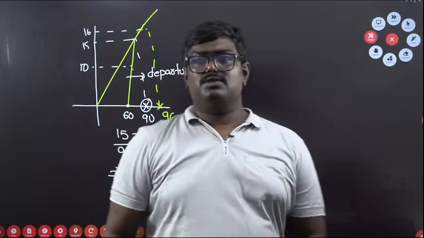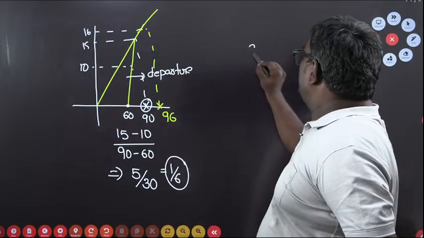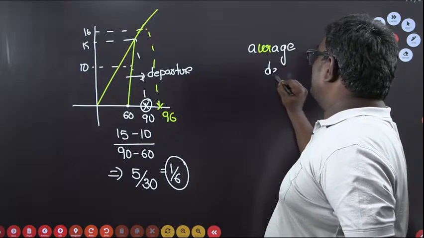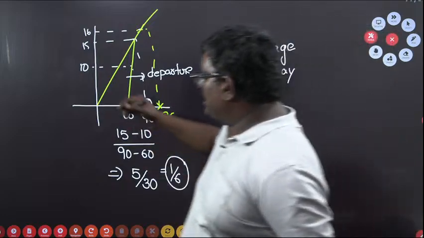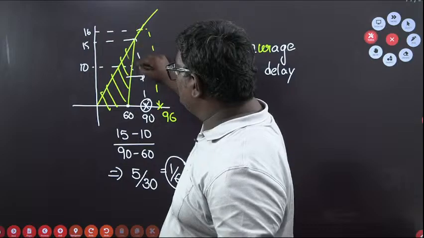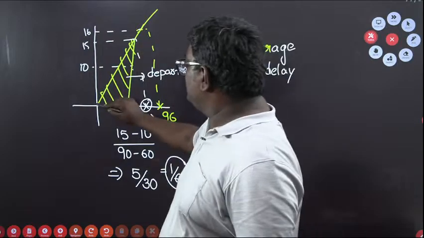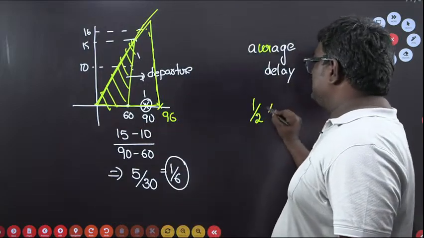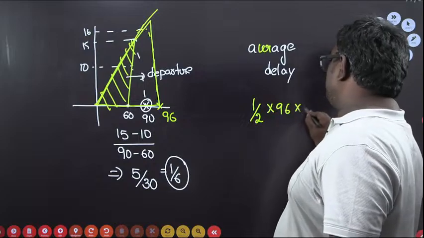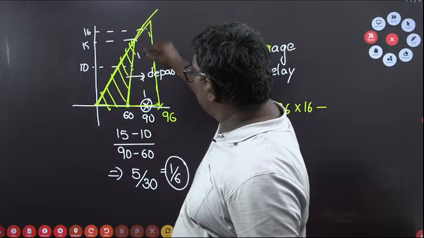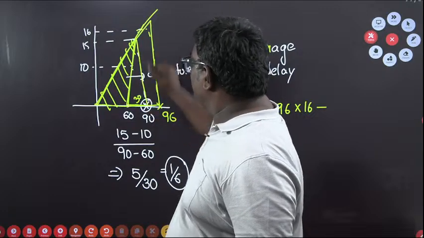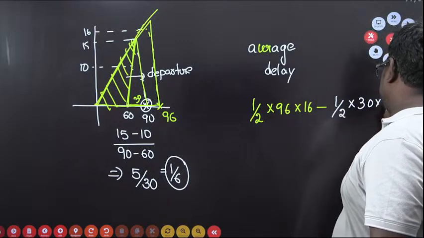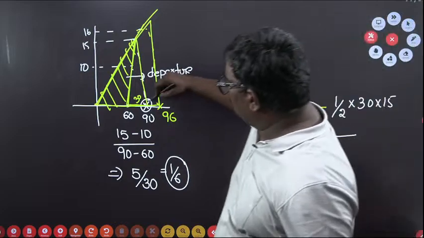But what they have asked you, sir, is average delay. Average delay means the area of this region. How to find the area of this region? Total area, half into 96 into 16, minus the area of this triangle. This is 30 and this is 15, so half into 30 into 15, minus the area of this trapezoid.